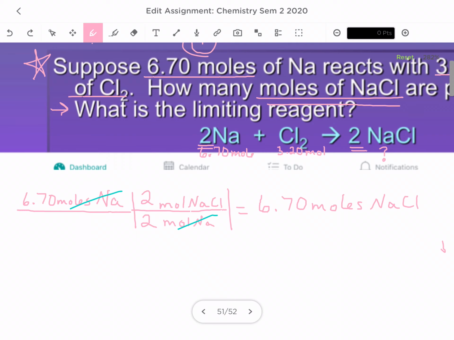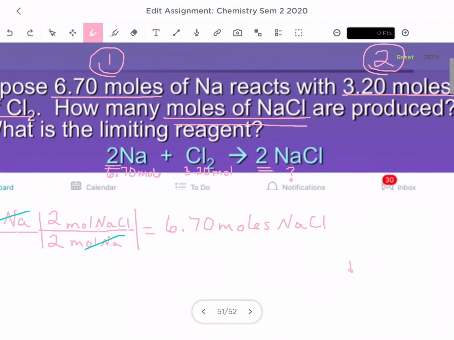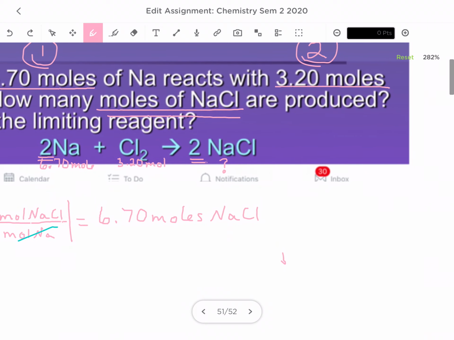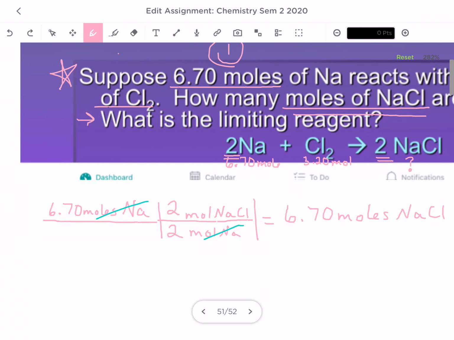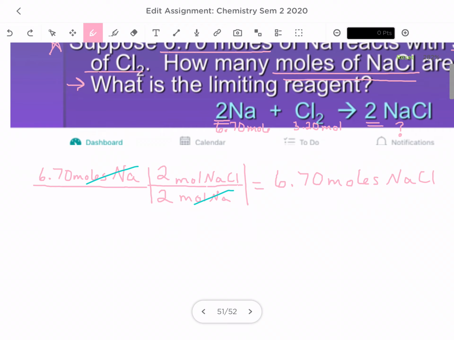Now, as I mentioned before, we have to do 2 problems. So now we need to do one with 3.20 moles of Cl2. We're in moles, so we can use our mole ratio. We don't even have to use a mole map on this one.